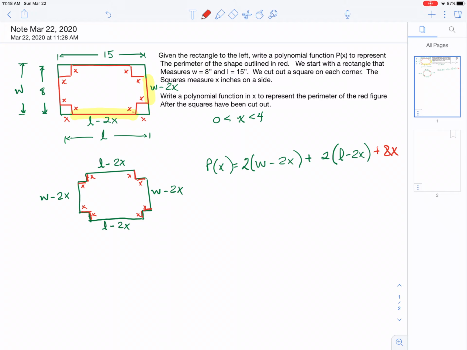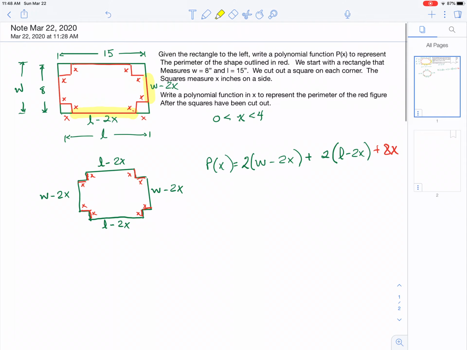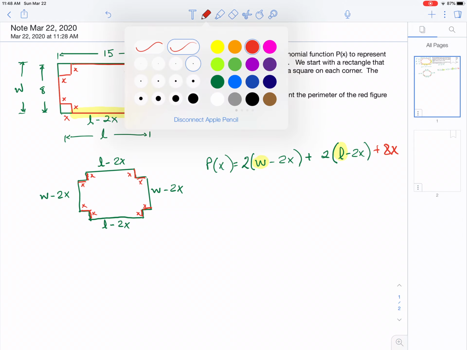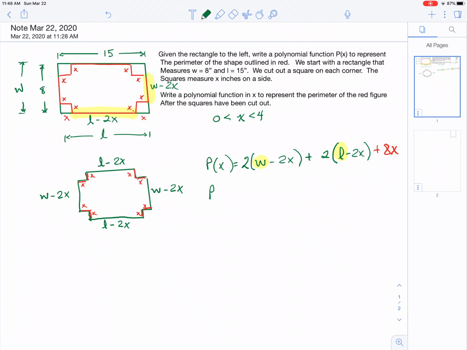All right, so I think I've got my polynomial expression written, but it wants it in terms of x. So I want to go in here and take each of these variables that's not an x variable, and I'm going to replace it with the number that we were given. So here we go. Polynomial function in x, 2 times, remember the width was 8.